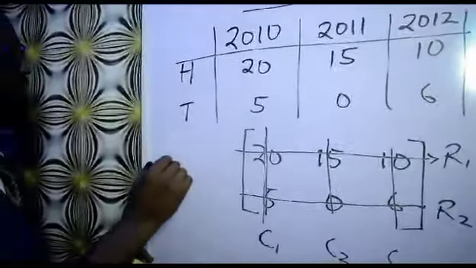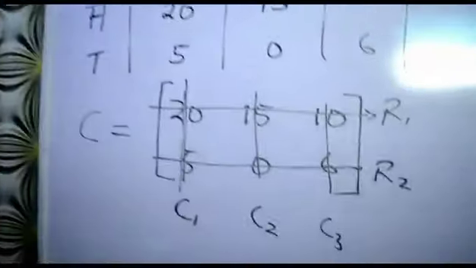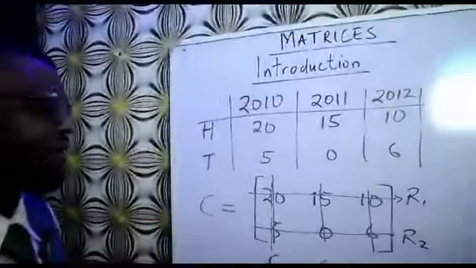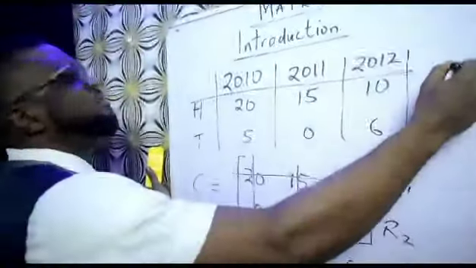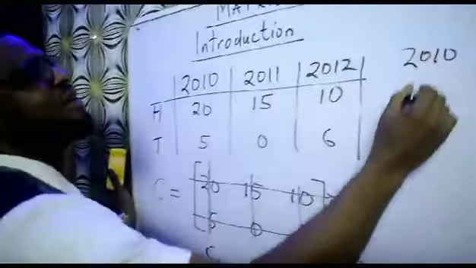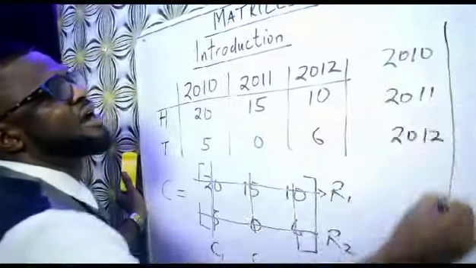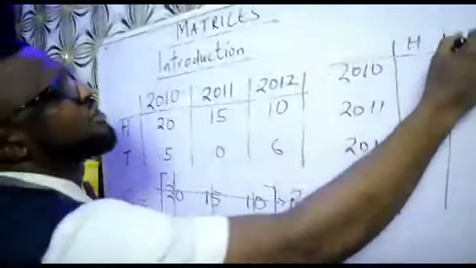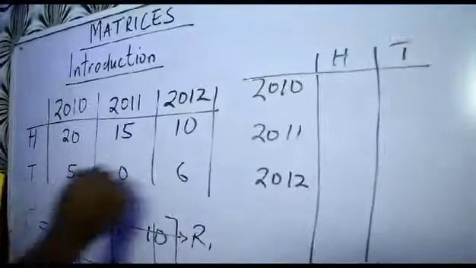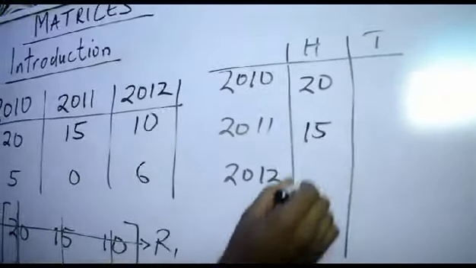For example, this can be, say, matrix of cars, C equals to this. Okay, so this is a matrix. Then another person may want to represent this in a different way. For example, instead of putting it in this format, another person may say, okay, let me put here 2010, here 2011, here 2012. Okay, and here Honda car, then I have Toyota car. Okay, so in 2010 I have 20 Honda, 2011 I have 15, and 2012 I have 10.